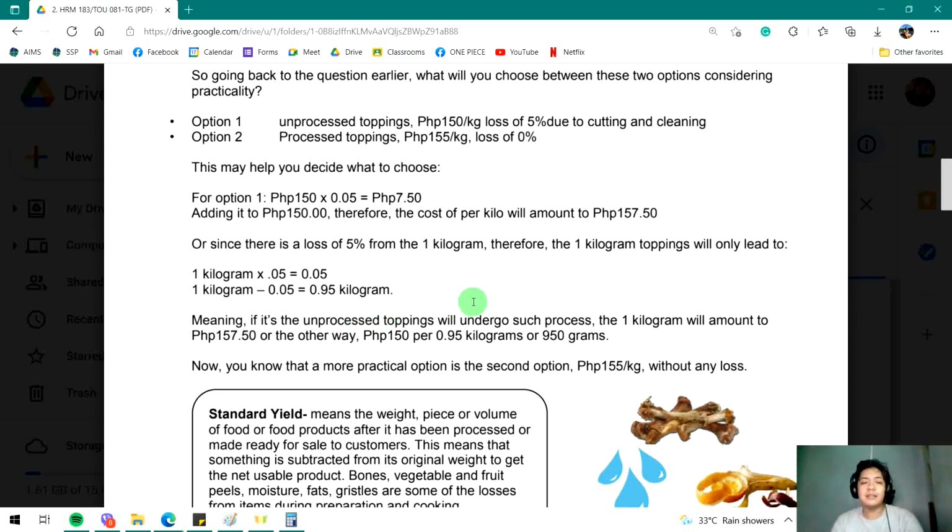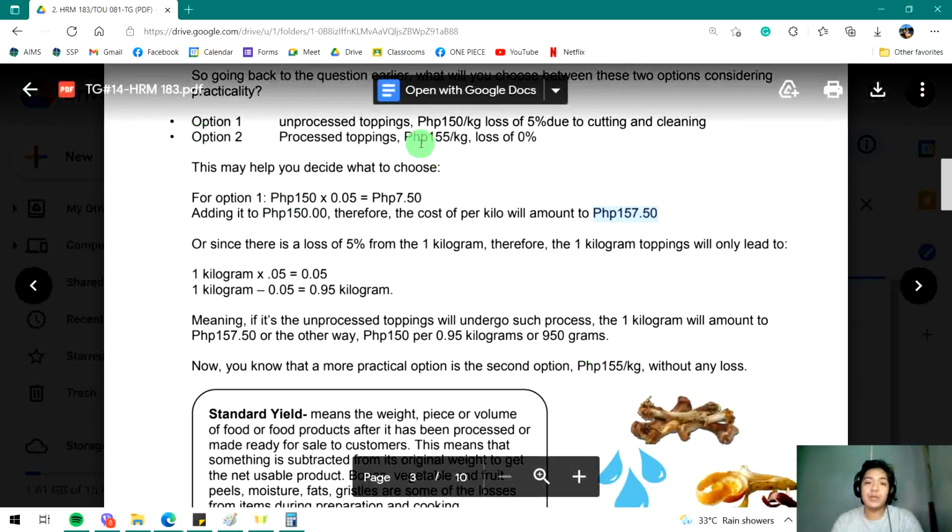Kasi, ang laki na nawala, that is 0.05 kilogram, and malaki rin yung nadagdag sa atin, 7.50 pesos. So, mas practical, pag pipiliin natin yung option number 2, which is 155 per kilogram with a loss of 0%.